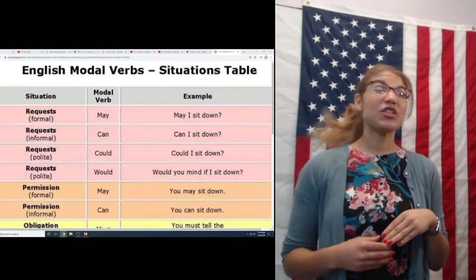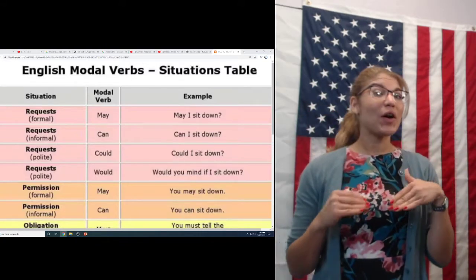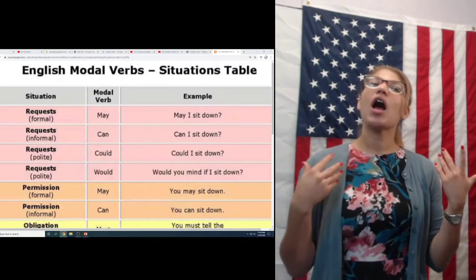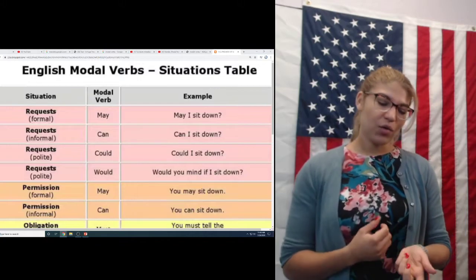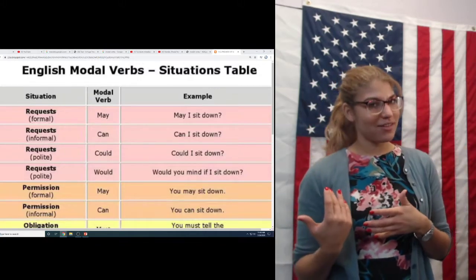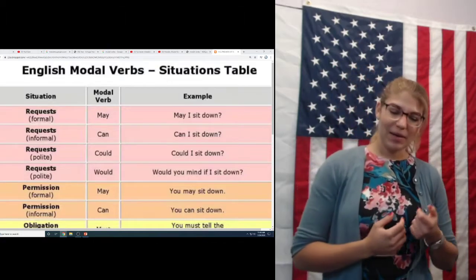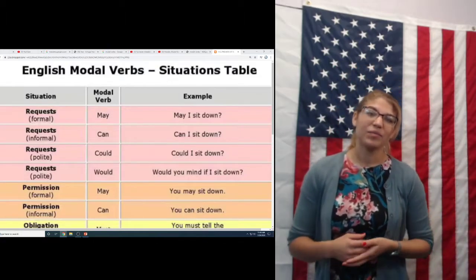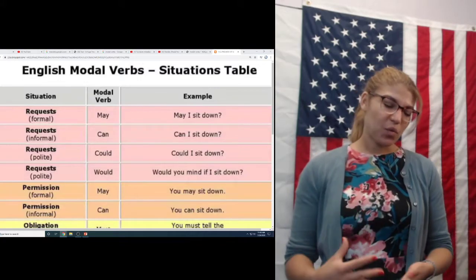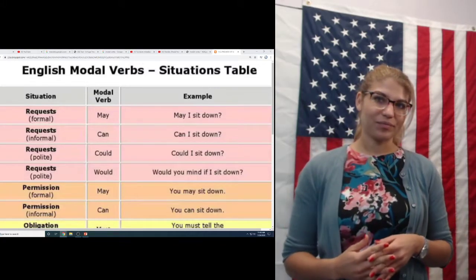Now, we can use any of the 4, but sometimes it is more appropriate or correct to use one instead of the other. For example, we may use the word may to ask for or request something.